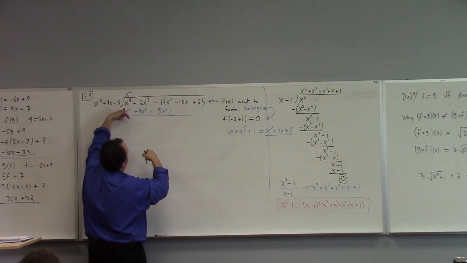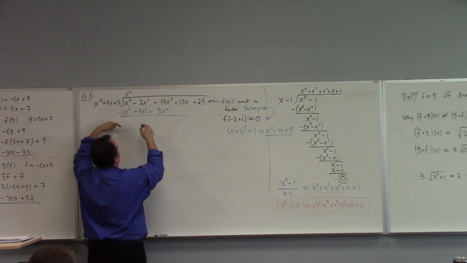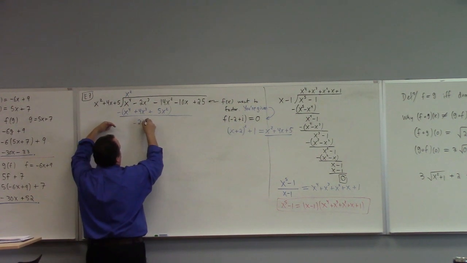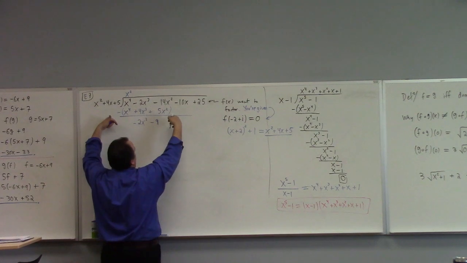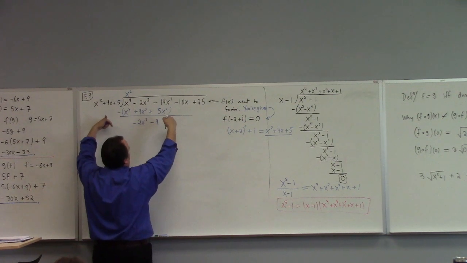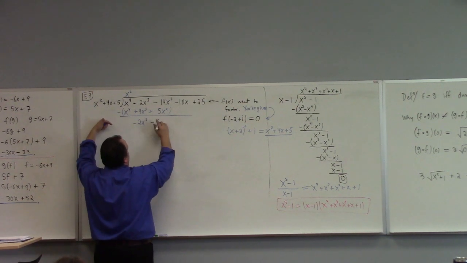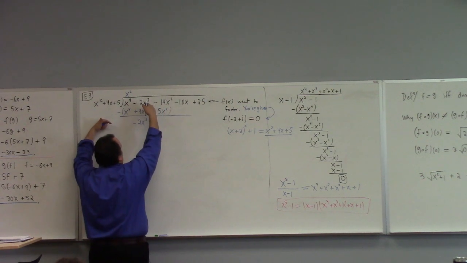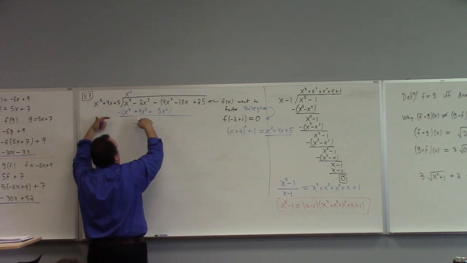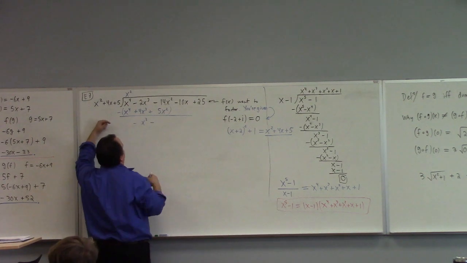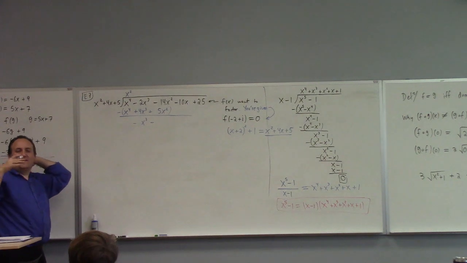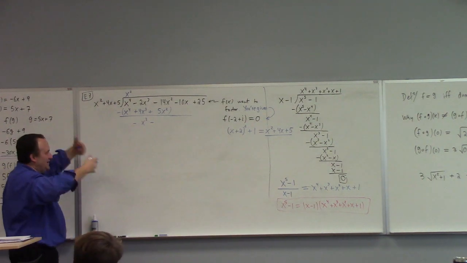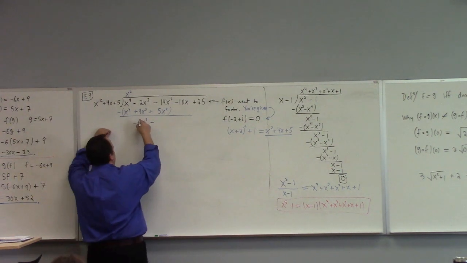So the x to the 4ths cancel, and you get what? Negative 2x cubed, I like it. And minus 9x squared. Oh, but that's a minus a minus though, right? Oh, hold on a second here. That should have been minus what? 2 minus 4 is minus 6. Yes, thank you.